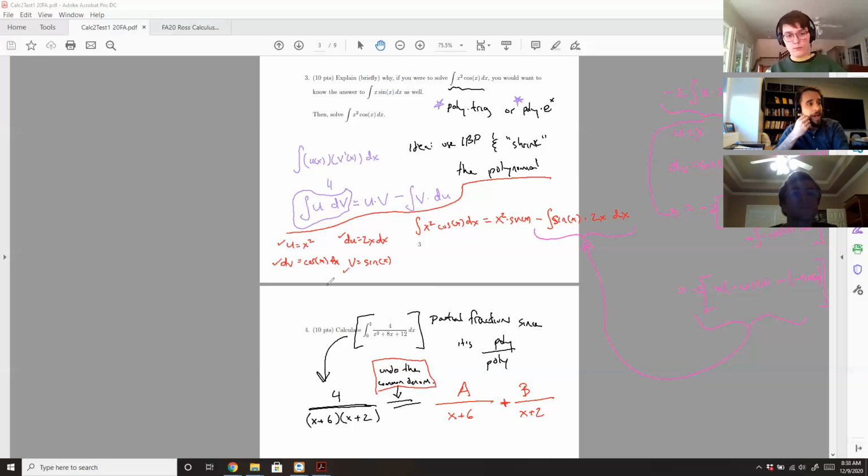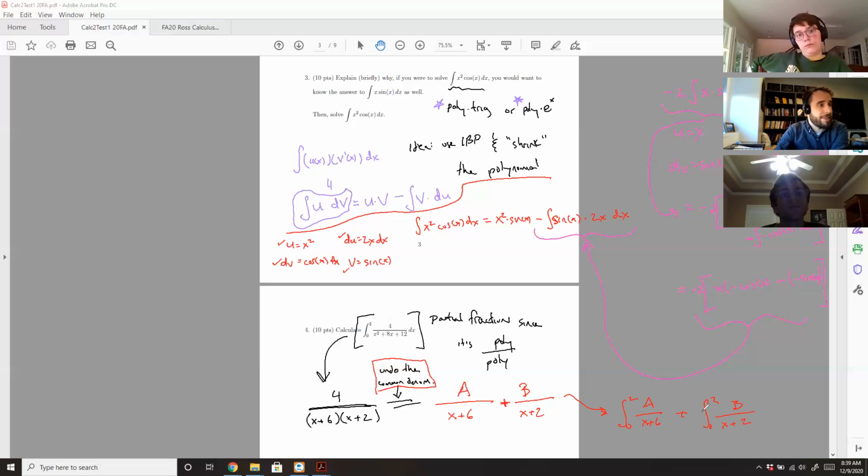But I would just say at this point, once we had the A over x plus 6 and the B over x plus 2, and we had figured out what appropriate values of A and B were, we would end up getting that the original integral from 0 to 2 was just equal to the integral from 0 to 2 of A over x plus 6 plus the integral from 0 to 2 of B over x plus 2.